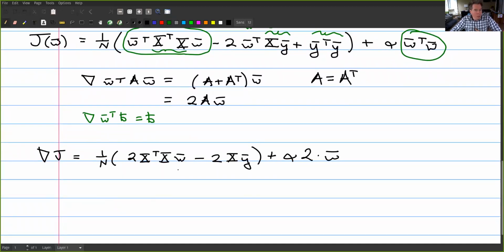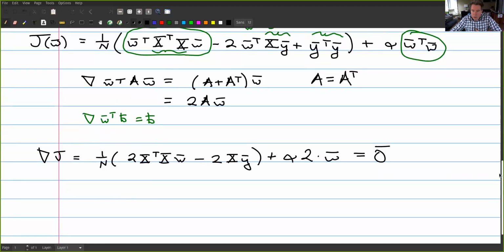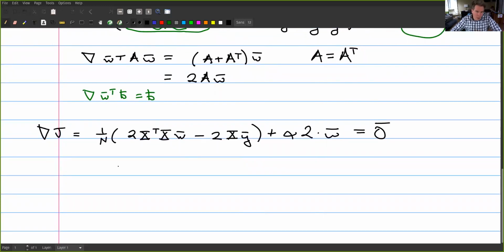All right, and now we set this equal to 0, and we want to solve for W. So let's collect all the terms that involve a W. One thing we could do immediately is cancel all these annoying 2's. So all those 2's are gone. And we can distribute the 1 over n.